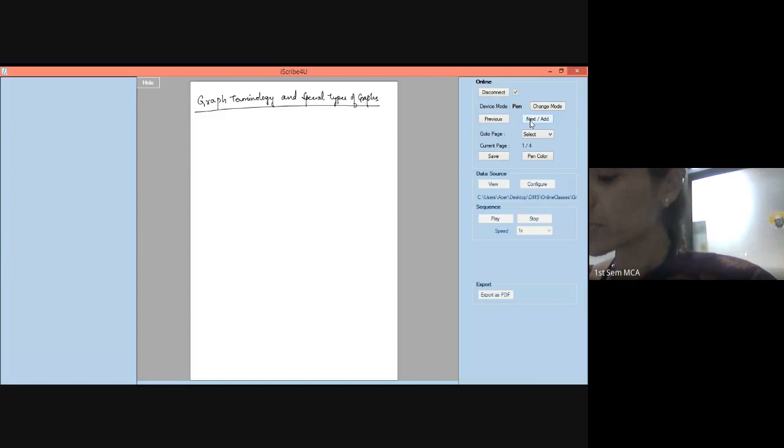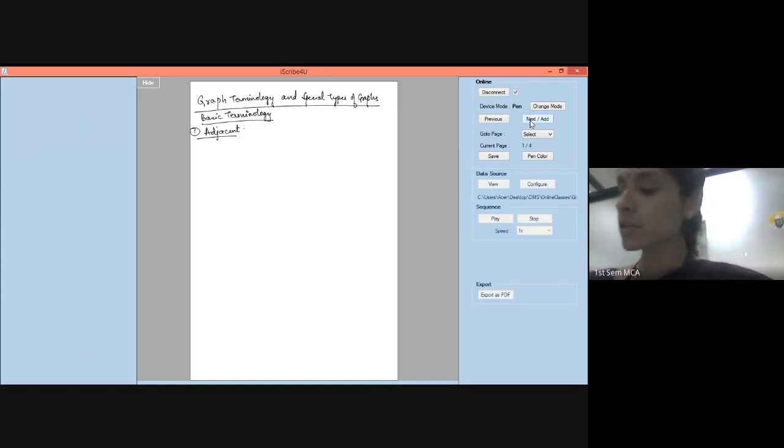Now, let us take some basic terminologies. First definition: two vertices are said to be adjacent. What are called adjacent vertices? Let us say two vertices U and V in an undirected graph.